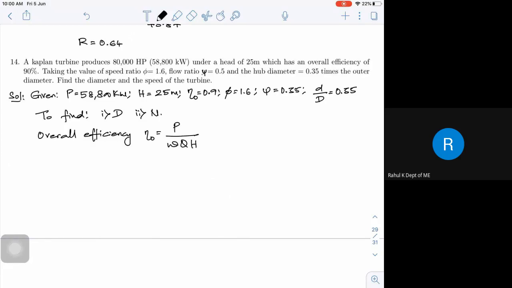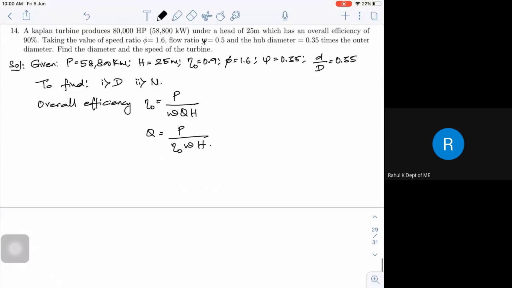So Q is equal to power divided by overall efficiency into rho g into H. So the power developed is 58,800 divided by 0.9 into 9810 into the head under which it's working, which is 25. So I'll be getting my Q as 266.4 meter cube per second.